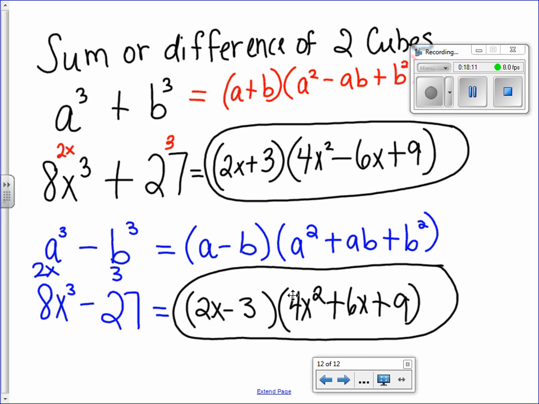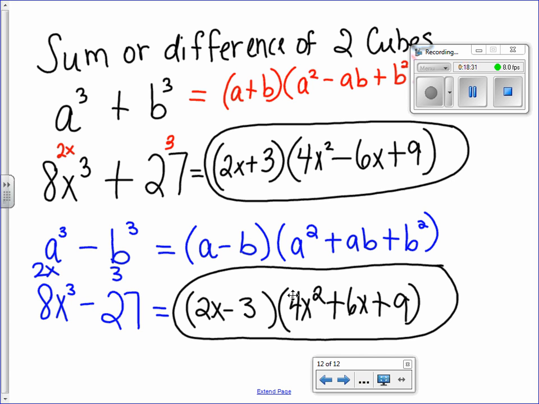Like, oh, this section is just sum or difference of two cubes. This section is perfect square trinomials. This section is difference of two squares. It's not going to be like this. They're all going to be mixed in together. So you have to have the formulas memorized, and you have to recognize that's what it is.